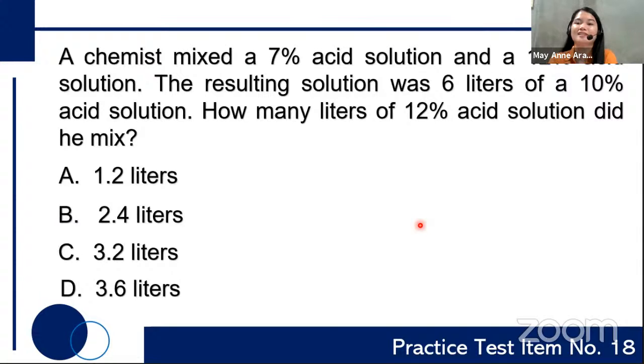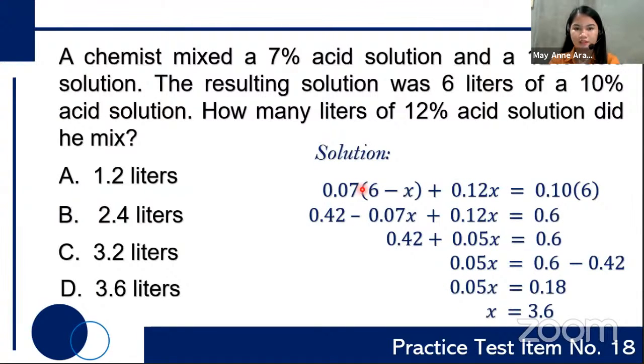The other one will be 6 minus x, kasi magne-negative. So 12% yung sa x. Then for the 7% is 6 minus x. Then just equate dun sa 6 liters times 10% solution.